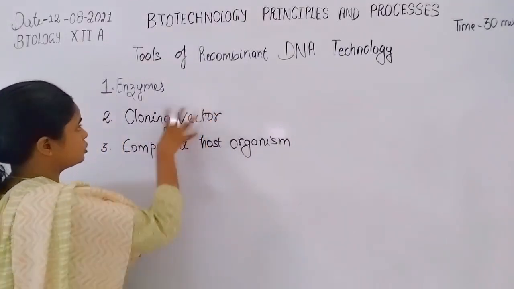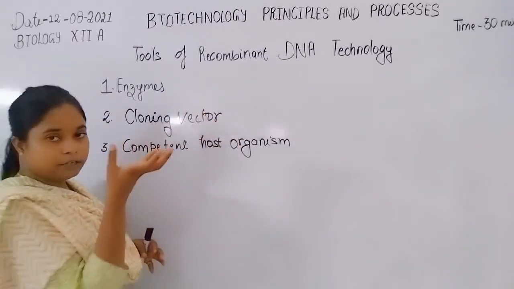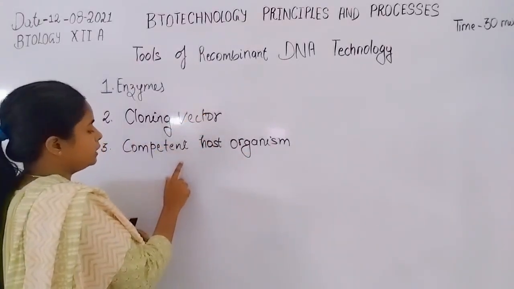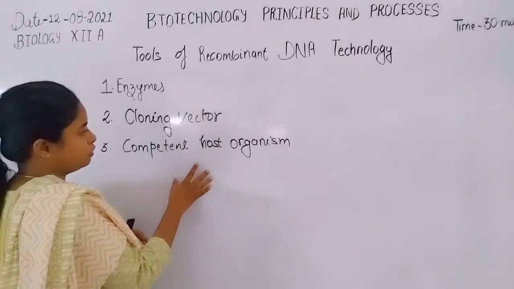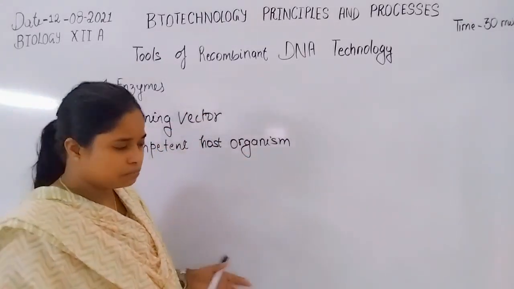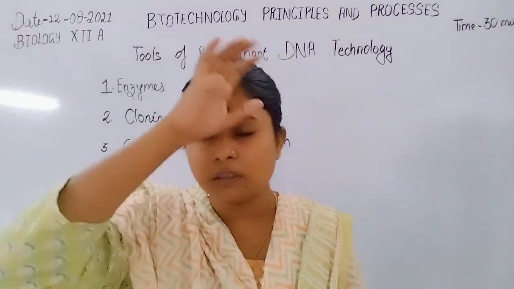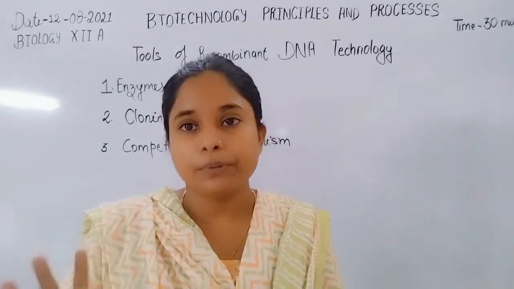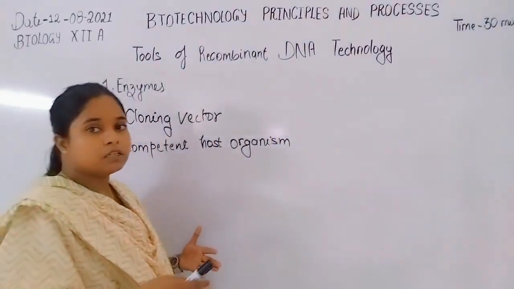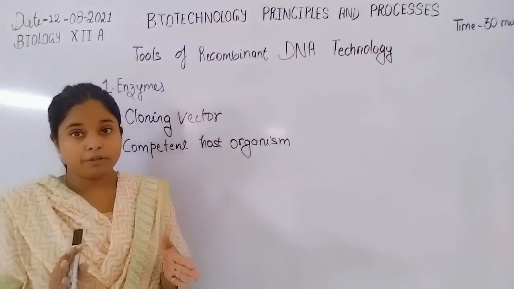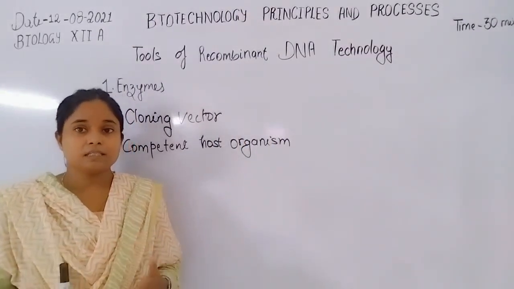After the introduction into the cloning vector, the recombinant DNA forms, and that recombinant DNA is then introduced into the host organism for cloning of our genetic material. Simply, this is the amplification, also called cloning, of our genetic material for synthesizing our desired product. So overall, these are the tools generally used in the field of recombinant DNA technology to synthesize our desired product.